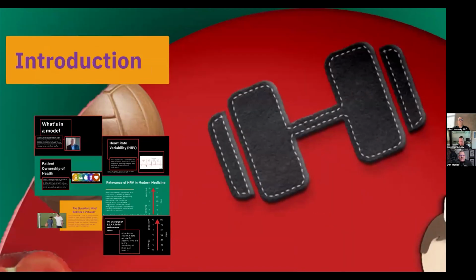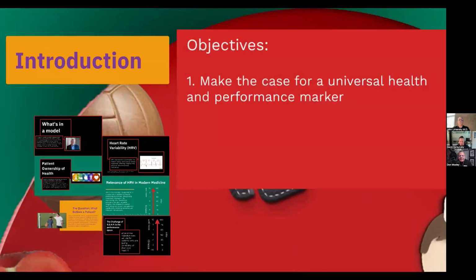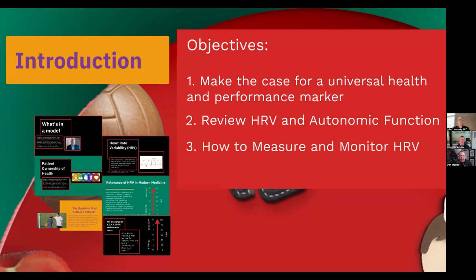So in the presentation today, we're going to make a case for a universal health and performance marker. I think that's really important. That's the important value prop for HRV. We're also going to review HRV and the autonomic nervous system and autonomic function, which is critical. We're going to talk about how to measure and monitor HRV.